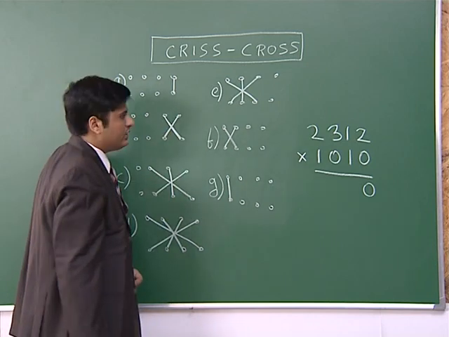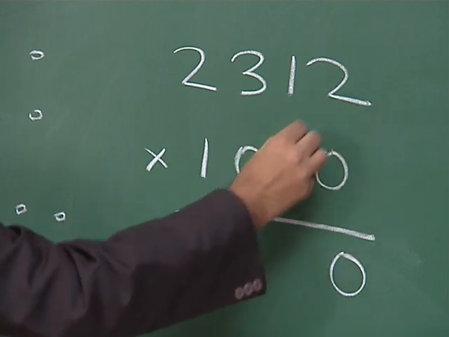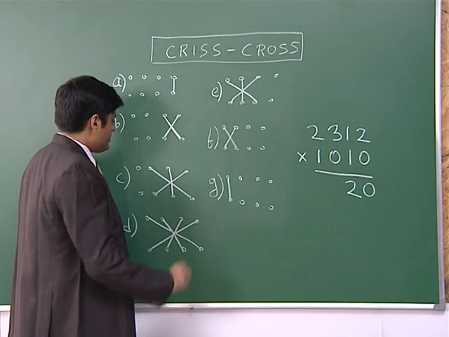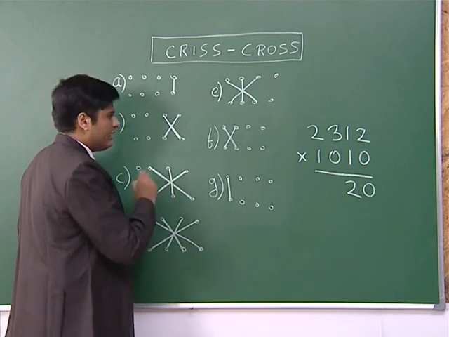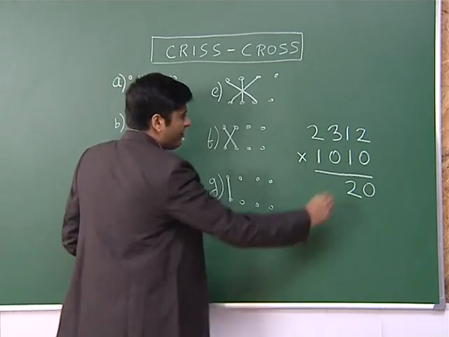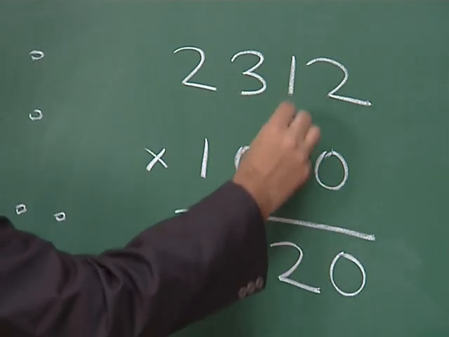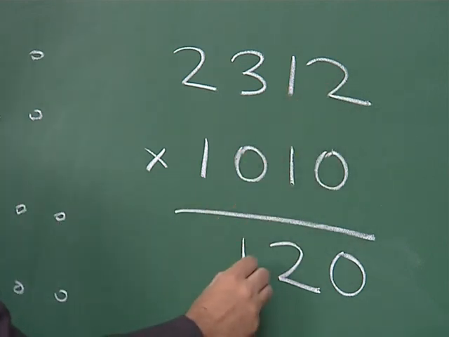We will add both the answers. 0 plus 2, 2. Step C says multiply this, this and this. So, we have 0 plus 1 plus 0, that is 1.